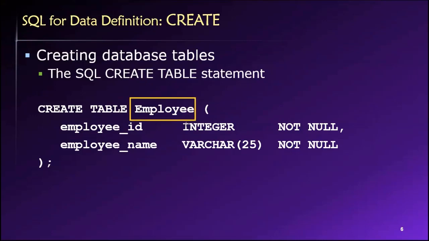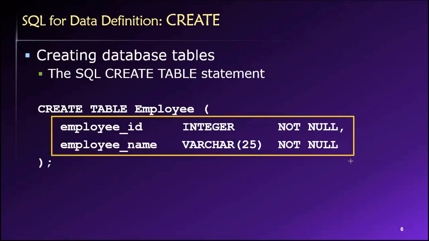You can see in this case, we're proposing to create a new table named employee. And then we'll have an open parenthesis, and ultimately a closed parenthesis followed by a semicolon. Everything that happens between those parentheses is a part of the create table statement.